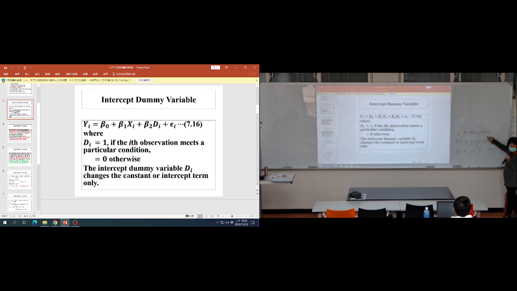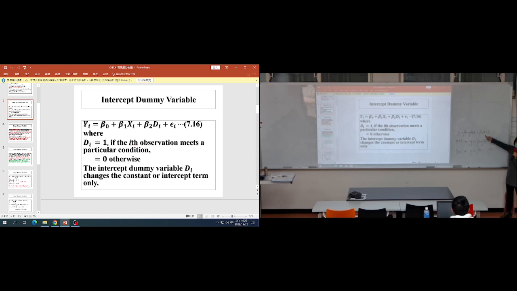So really these equations, since we have one dummy, mean we have 2 categories. The first is when D equals 1, and the other category is when D equals 0. 1 means the condition is met, right? So when it is equal to 1, beta 2 just affects the intercept.